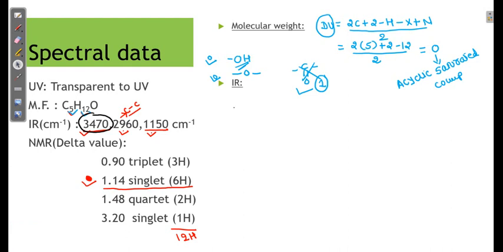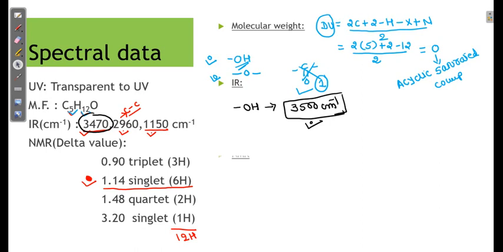So I can say this OH is present, because if we are getting a signal near 3500 centimeter inverse in the presence of oxygen, then we can say the presence of alcohol is there. The chance of ether is very less because alcohol is already present.